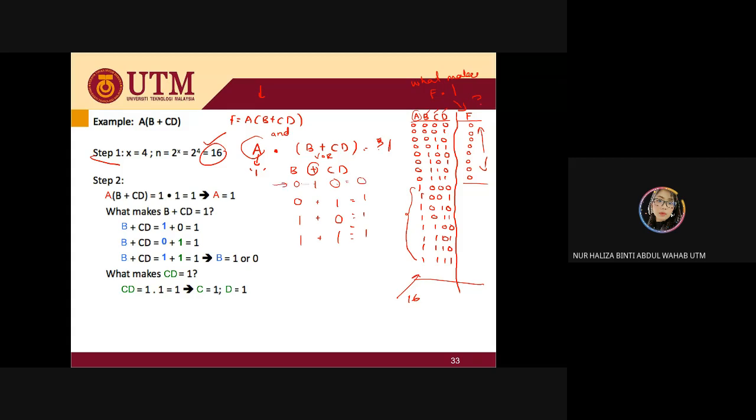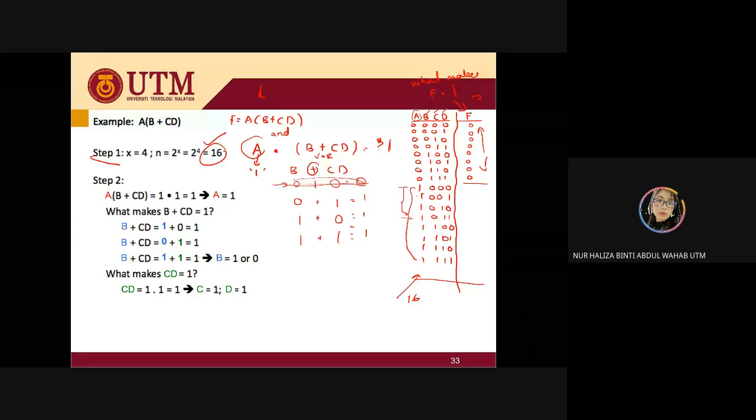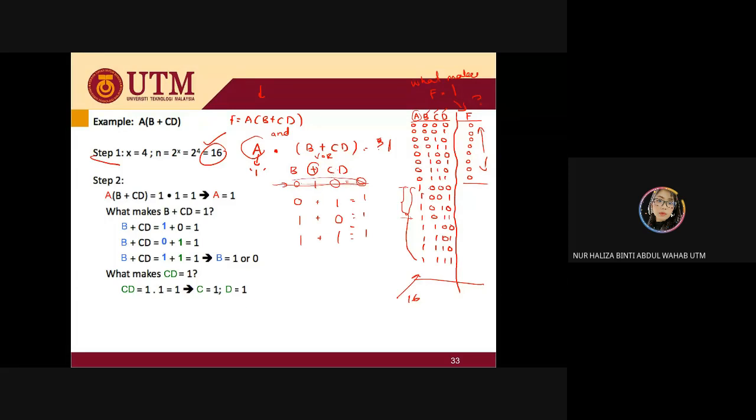I'm going to find this first, which is I have 0 for my B. So my 0 for my B is only this part for this, and this. So let me have 0 for C and D. How to get 0 for C and D? If one input is 0, the rest will be 0.